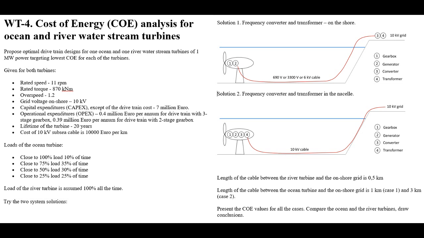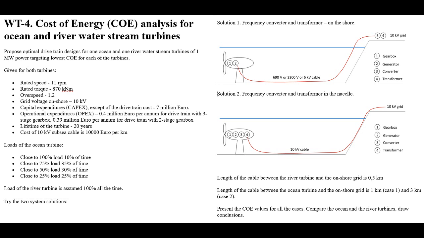We need to analyze two solutions with the drivetrain topology. In the first solution we have just the gearbox and the generator inside the nacelle underwater, and the frequency converter together with the transformer on shore, close to the grid. And then there will be a cable connecting the generator to the frequency converter that can be at different voltage levels, and this is where we need to optimize the system.